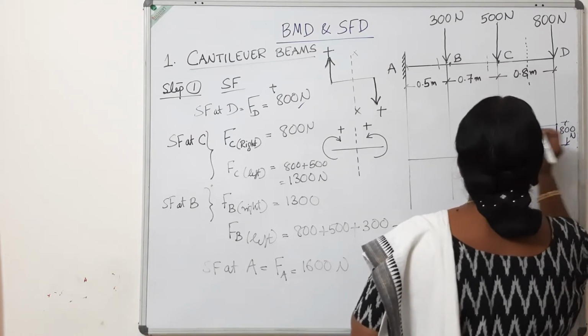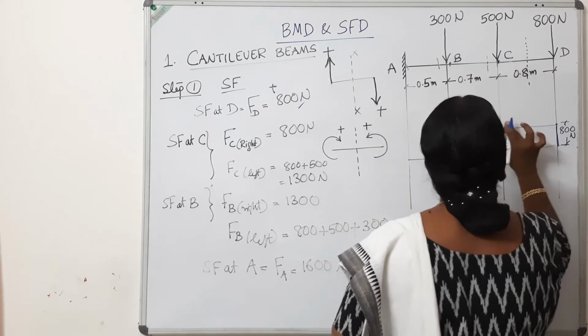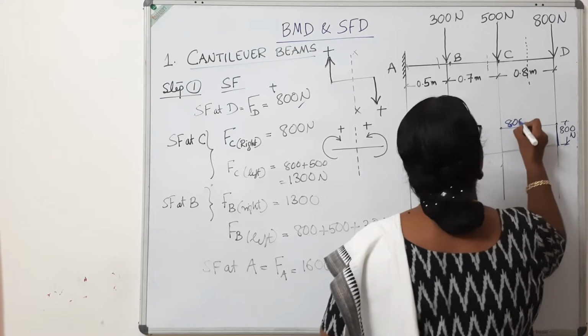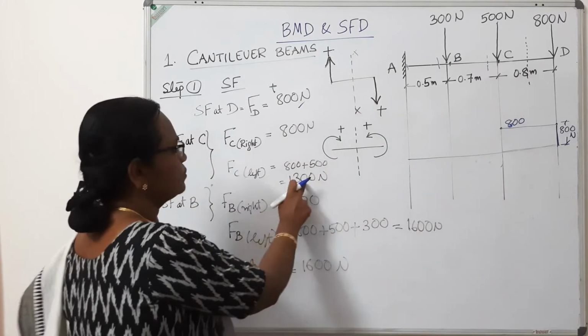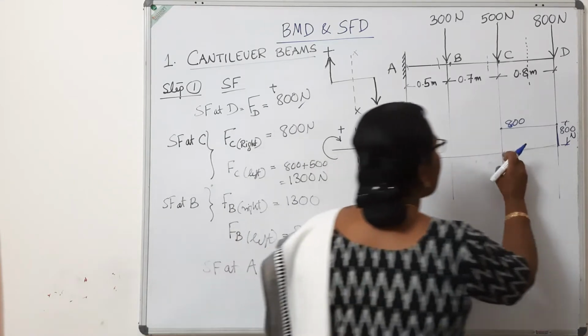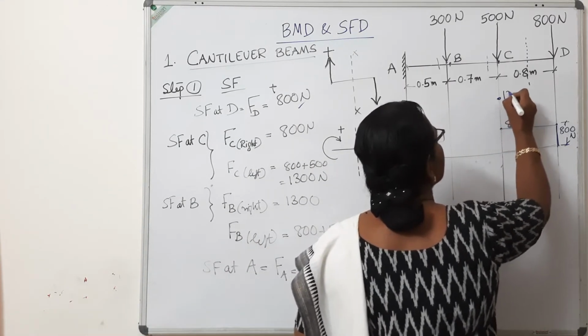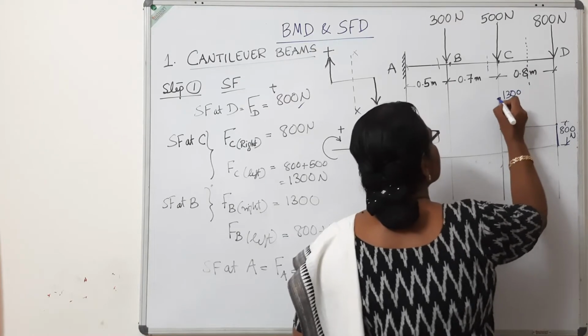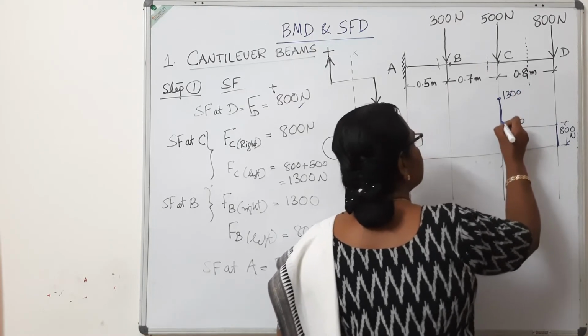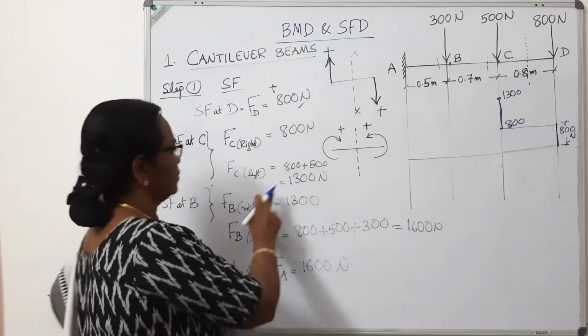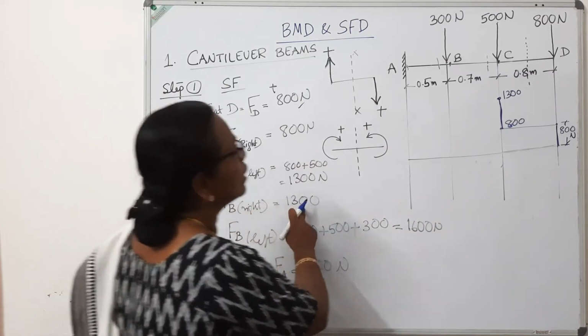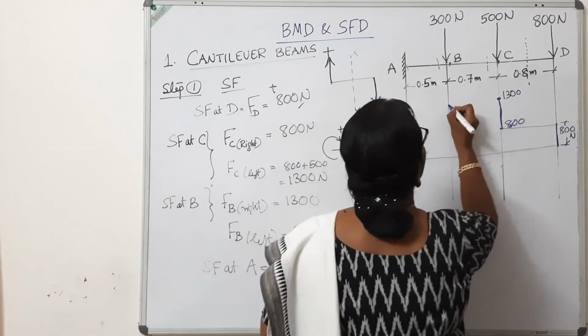Join these together. Then FC left 1300. So at this point C, again you mark from the baseline 1300. Next, FB right 1300. At the point B, you mark 1300.